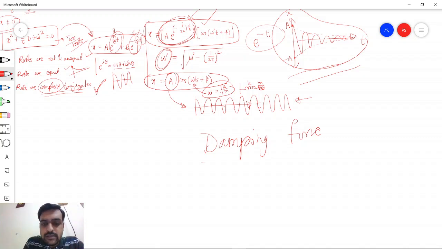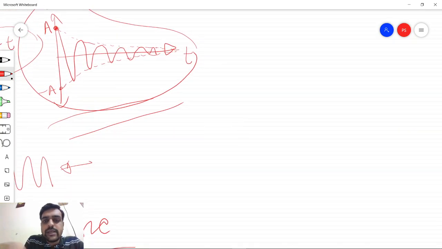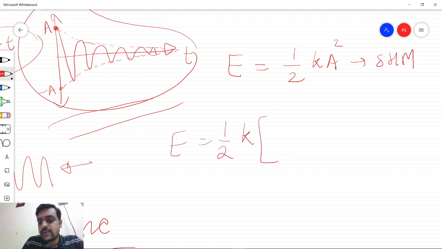We can see what happens to the energy of the system. The formula for total energy is just half k a squared in case of simple harmonic motion. Now we have to replace this amplitude a by the modified amplitude a e raised to minus 1 by 2 tau into t.